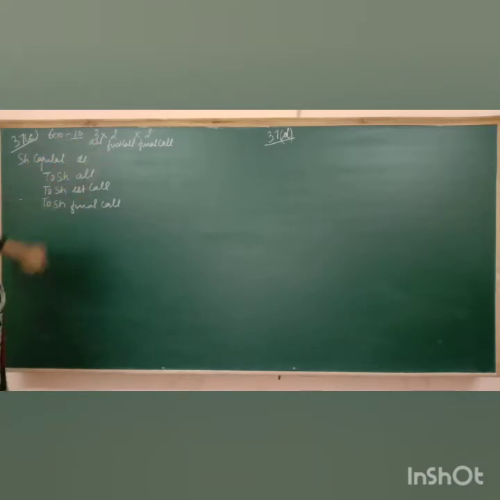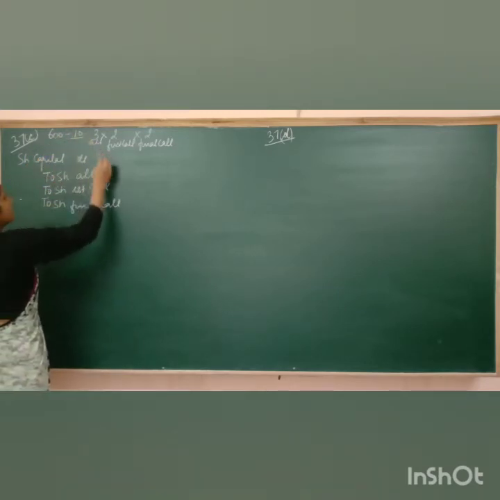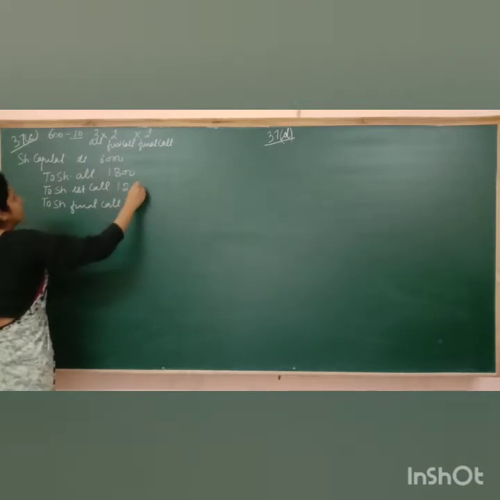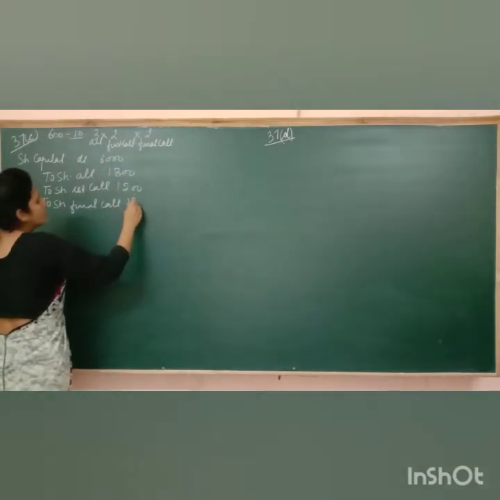So 600 into 10, as the called up capital is 10, is 6000. Non-payment of allotment 600 into 3 is 1800. 600 into 2 first call is 1200. 600 into 2 final call is 1200.